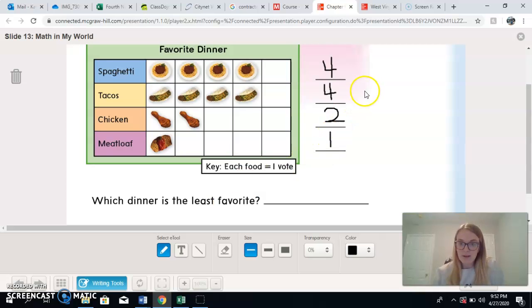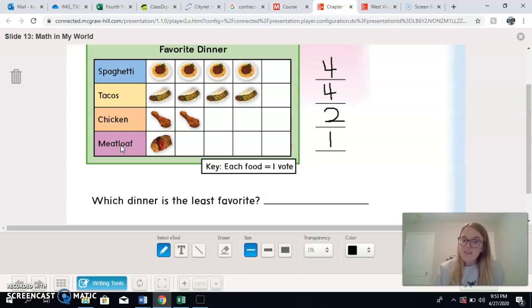So I see all my numbers, and I need to look and see which number is related to the food. I remember 4 is right beside spaghetti, 4 is beside tacos, 2 is beside chicken, and 1 is beside meatloaf. 1 is the smallest number, so that means there was only 1 vote for meatloaf. 1 is the smallest number out of spaghetti, tacos, chicken, and meatloaf.